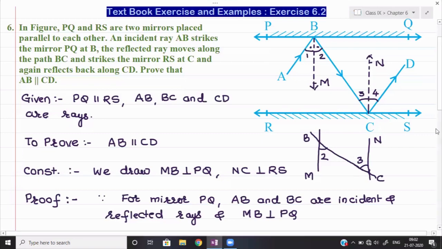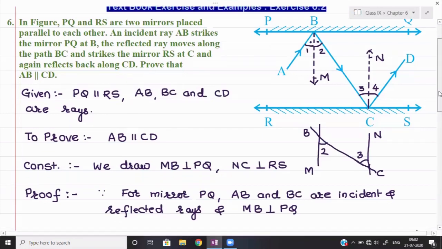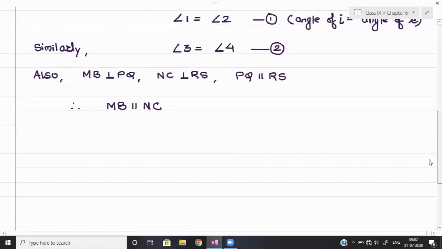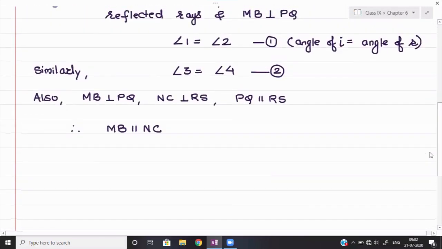Since MB and NC are parallel, therefore angle 2 is equal to angle 3, with the help of alternate angles.